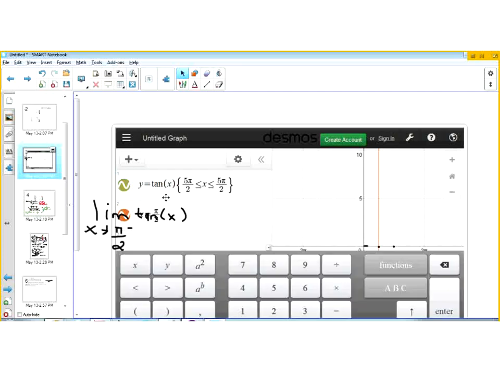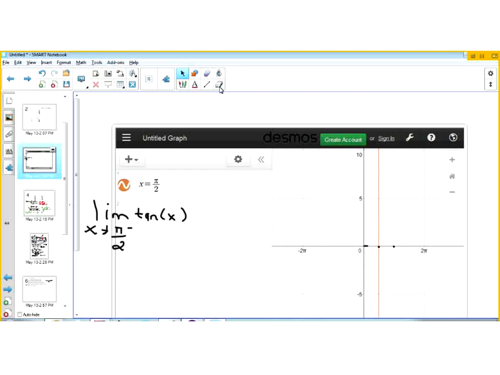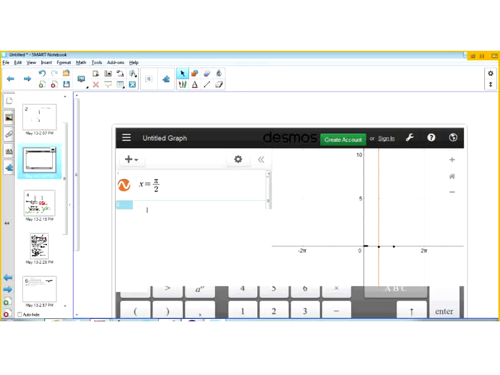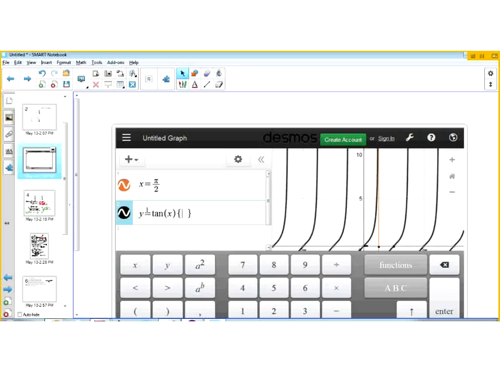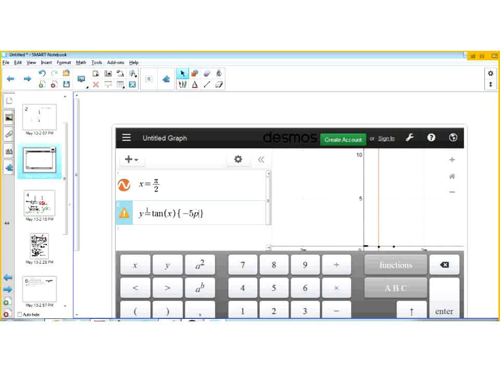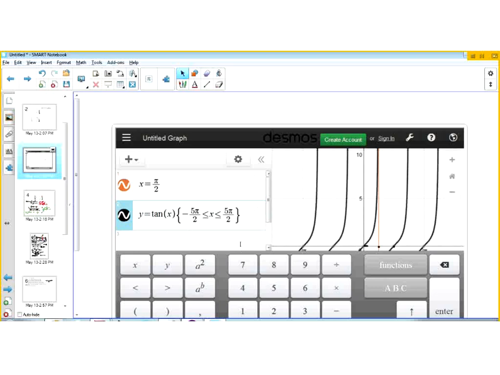I'm not showing my green curve anymore, so I have to replot it. Negative 5 pi over 2 less than or equal to x less than or equal to 5 pi over 2. There we go, shown in black now.